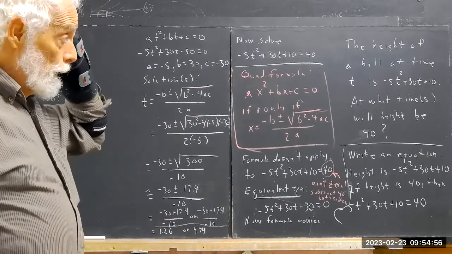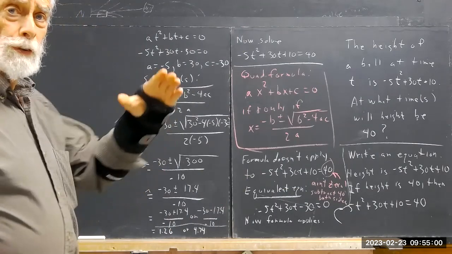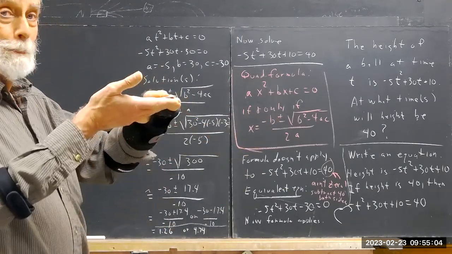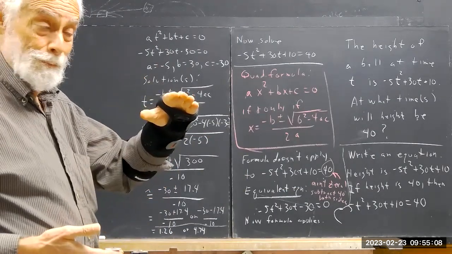And it's also possible that you only get one solution. If I put this at just the right height, it'll go up to here and stop, come back down. It'll reach this point, but it won't pass it.